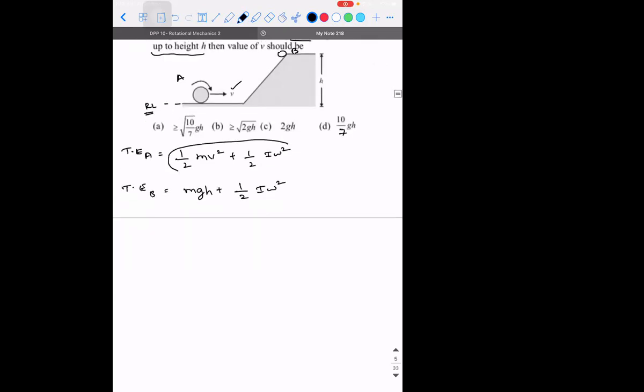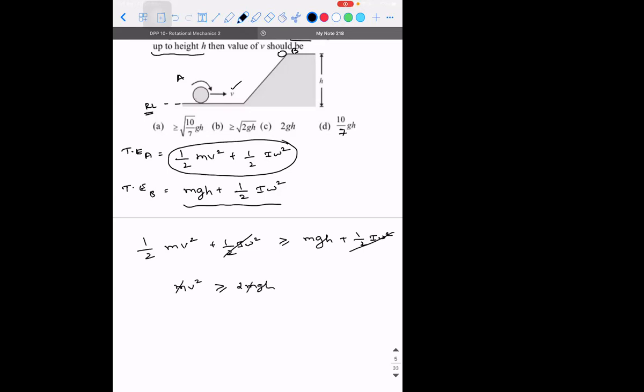So the total energy initially should be greater than or equal to the total energy at point B. Half mv square plus half I omega square should be greater than or equal to mgh plus half I omega square. The rotational terms cancel, so mv square should be greater than or equal to 2mgh. The m cancels, so velocity should be greater than or equal to root of 2gh.